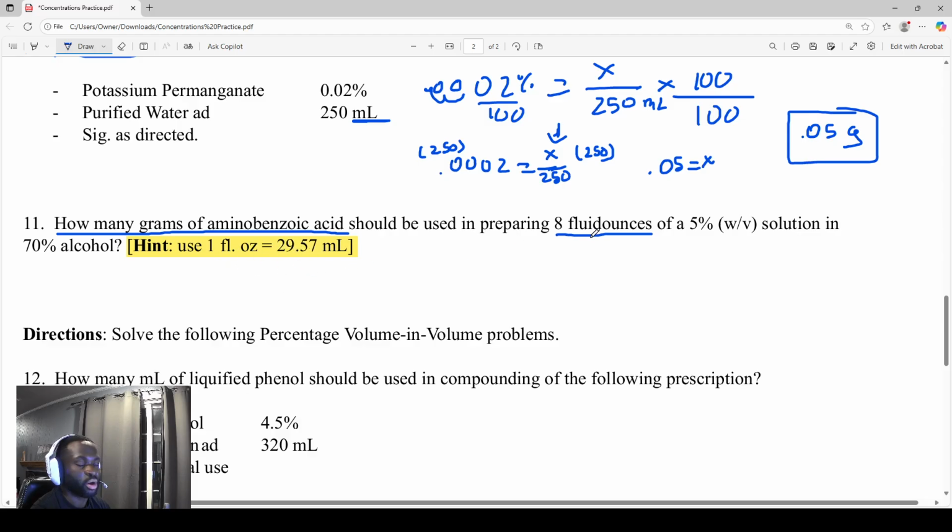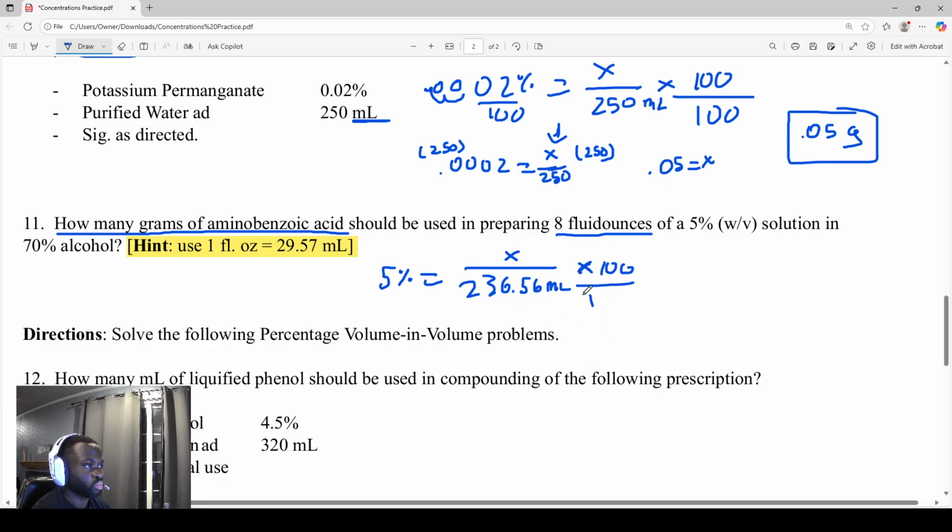So all we would need to do to turn it into milliliters is to multiply 8 by 29.57. And that happens to be 236.56 milliliters. So we don't have our X and we have our strength. And the formula calls for us to multiply by 100 at the end, right?